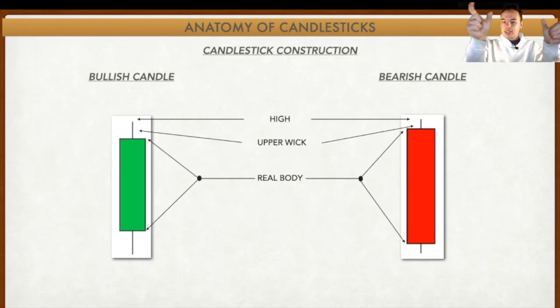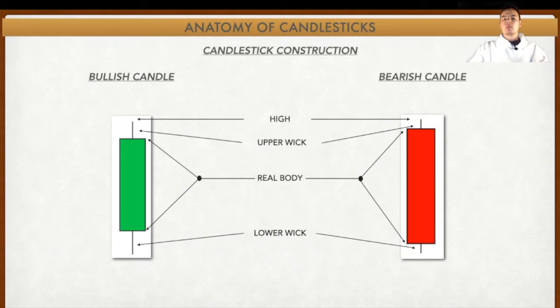Then the rectangular body that is filled with color is known as your real body. Like I said, that is the range that price has gone between the open and the close. Then you get your lower wick, which is at the bottom of the real body, and the low point of that lower wick is known as your low.